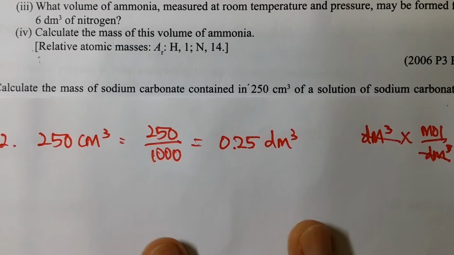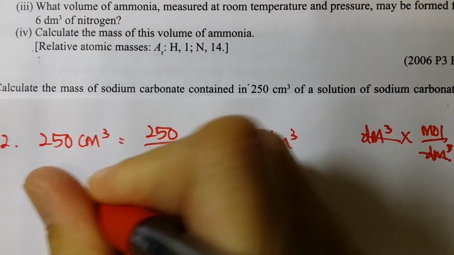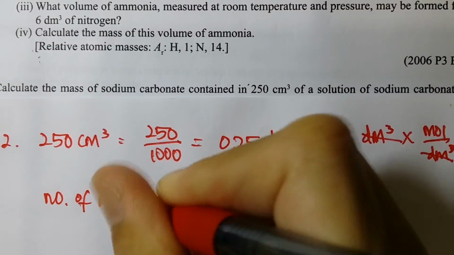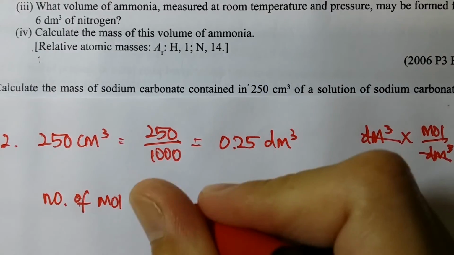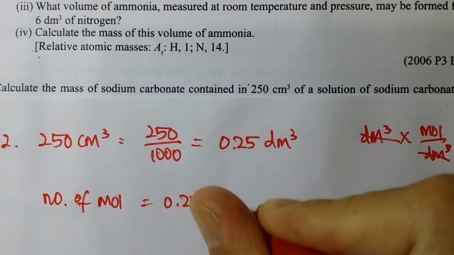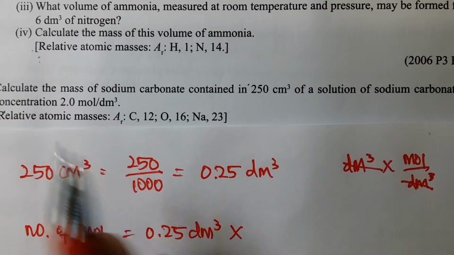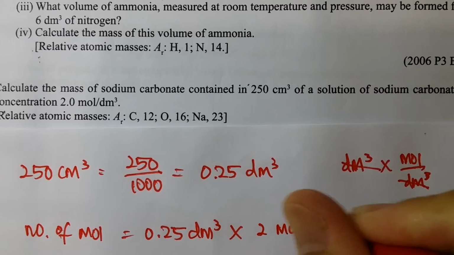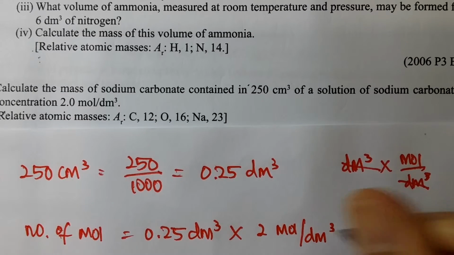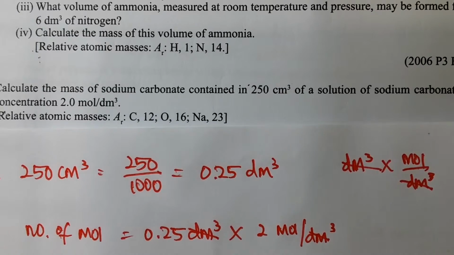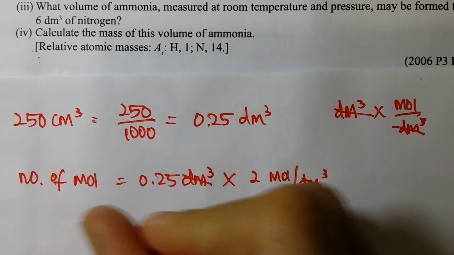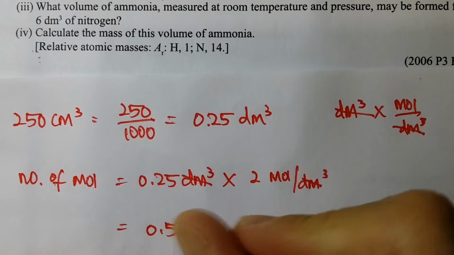So number of mole of sodium carbonate is 0.25 dm cube times 2 mole per dm cube. The dm cube will cancel off to give you 0.5 mole.